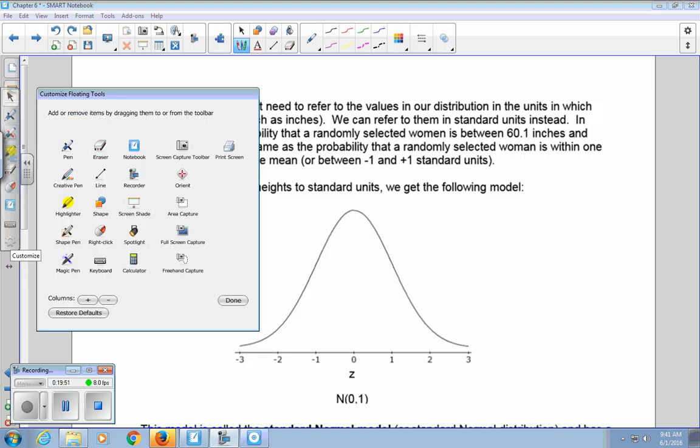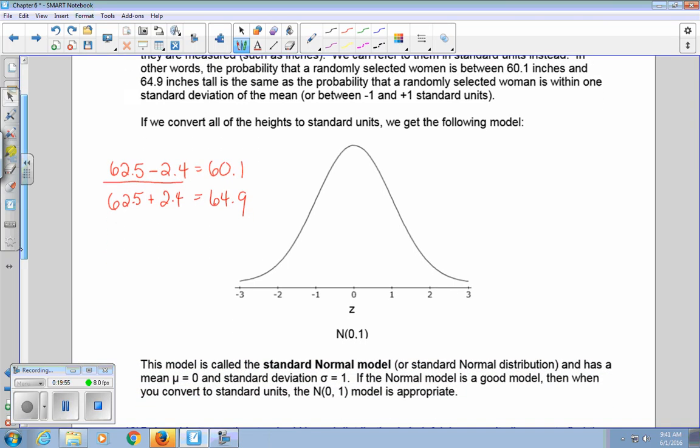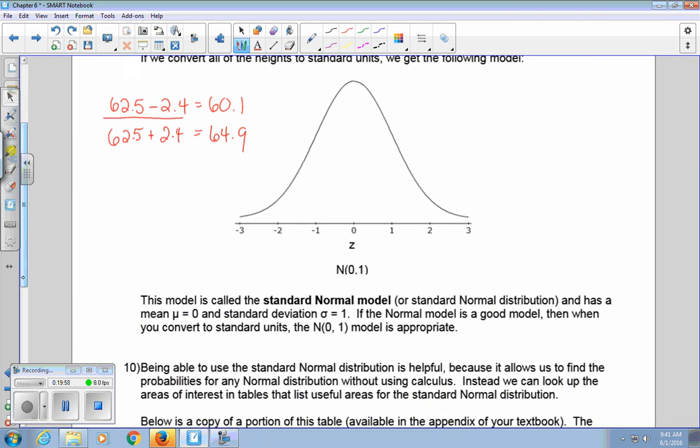So this model has a special name, and it is called the standard normal model, or standard normal distribution, and it has a mean of 0 and a standard deviation of 1. So these are our z-scores, and we have calculated them before. So z is equal to our value minus our mean, over the standard deviation.